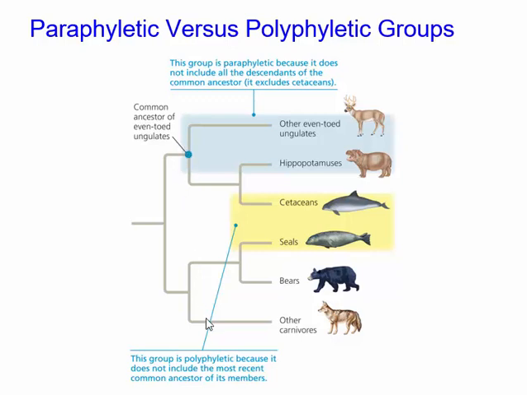A polyphyletic group example here would be seals and cetaceans. If we lump these guys together in the same taxonomic group, hey, they're these marine mammals. That's not a grouping that reflects evolutionary history. These guys represent different branches on the tree of mammalian diversity here.